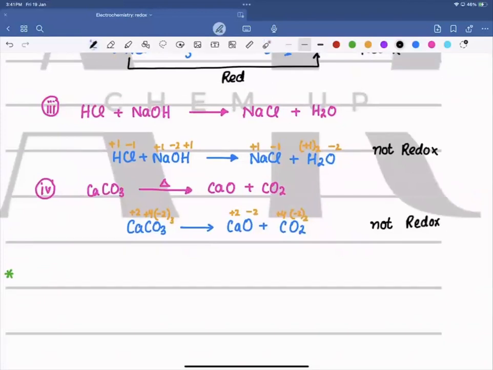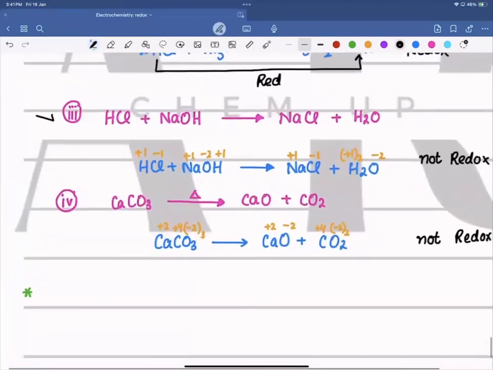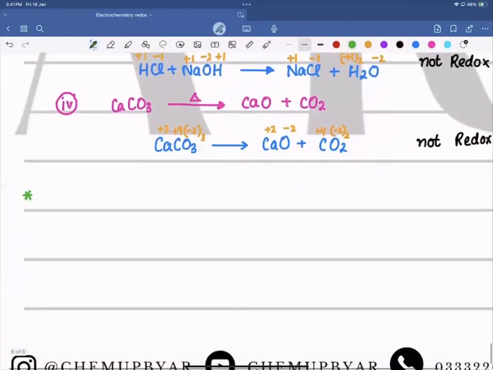Now, we have a few rules to discuss that you should keep in mind. If you look at the third equation, it's a neutralization, right? Where acid and base react to form salt and water, isn't it? Yes, sir. So you must remember that neutralization is not a redox reaction.